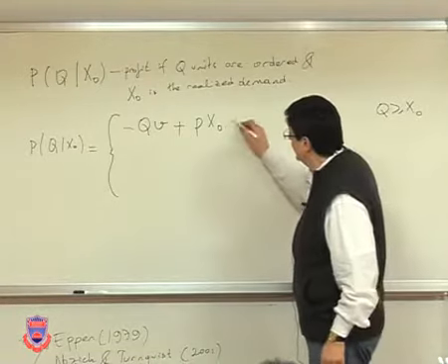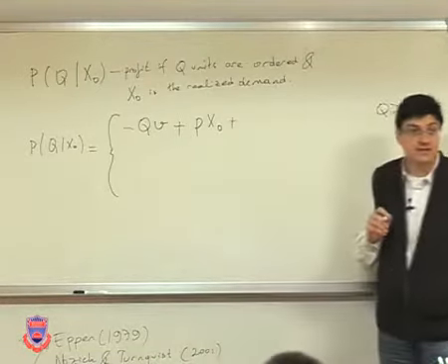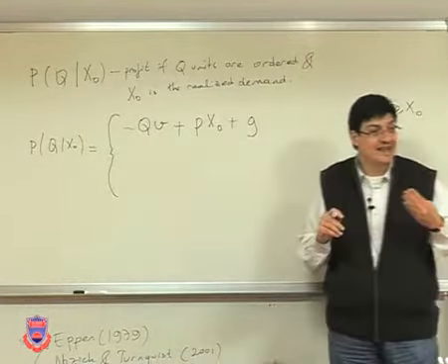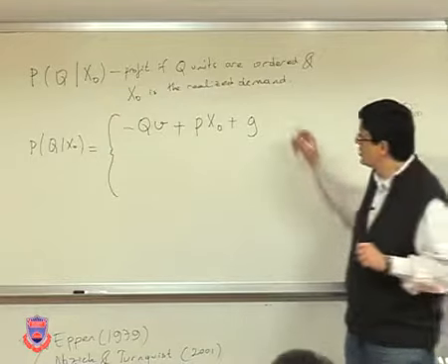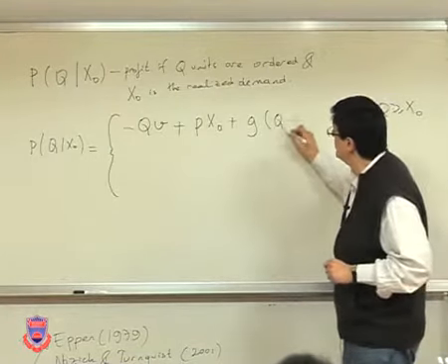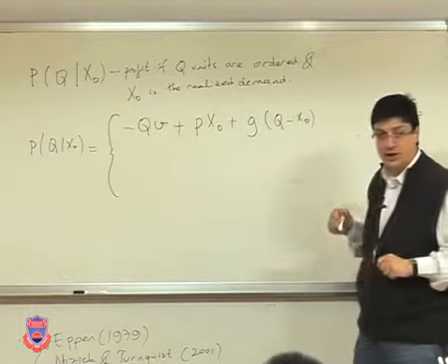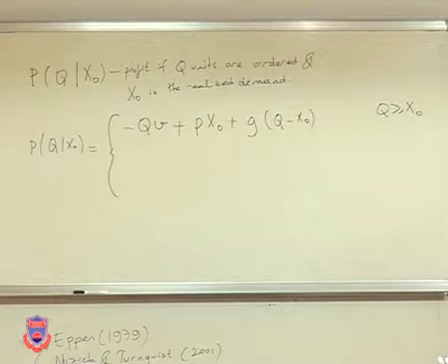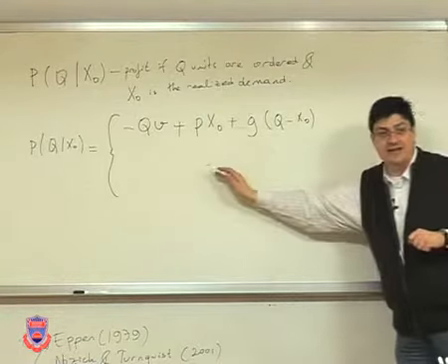And then there will be some leftovers, and for those leftover quantities, I'm going to get some salvage value. What is the number of those units which are left over? It is simply Q minus x0. And I'm going to multiply that with G, which is my salvage value per unit. So this is going to be the profit that I have.